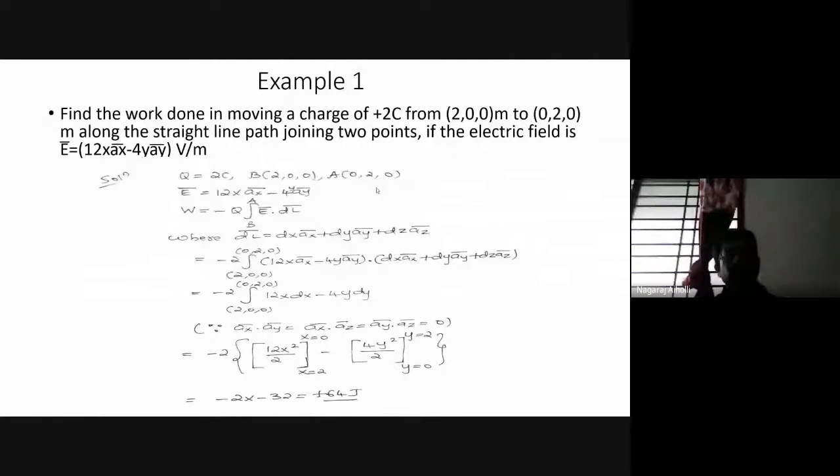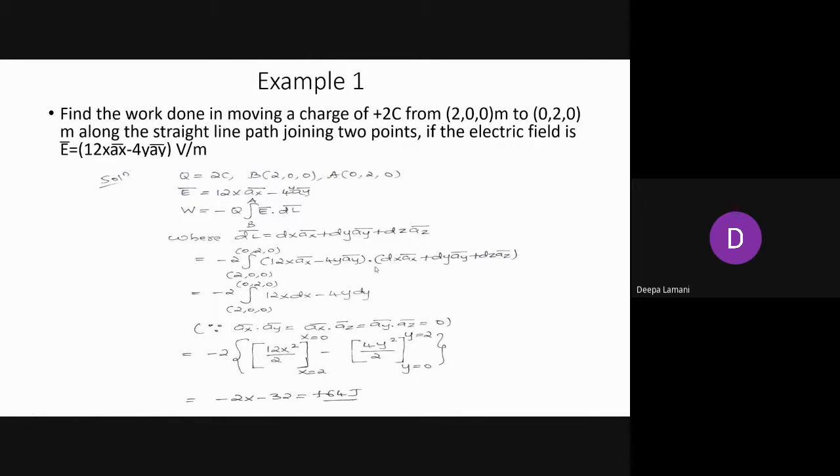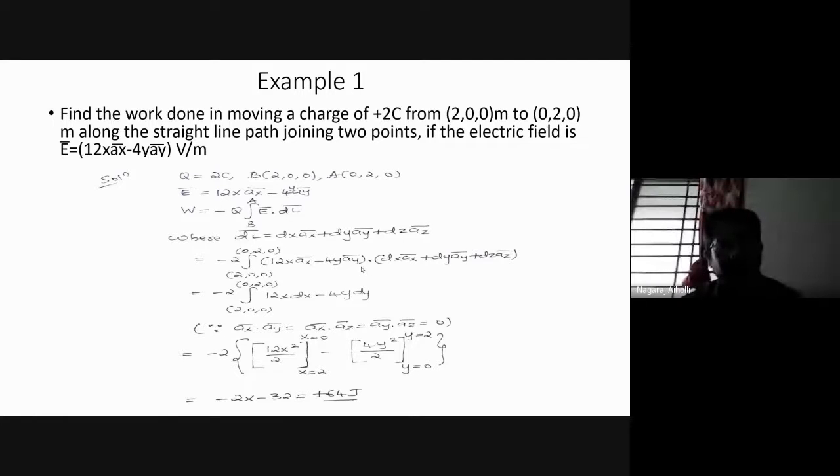How do you find that dot product? Look here, 12x ax bar dotted with dx ax bar is 12x dx, because ax bar dot ax bar is 1.